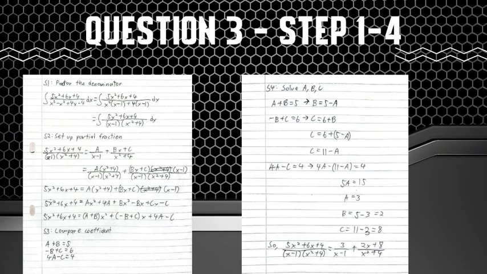Solving these gives a equals 3, b equals 2, and c equals 8. Therefore, the partial fraction decomposition is 3 over x minus 1 plus 2x plus 8 over x squared plus 4.